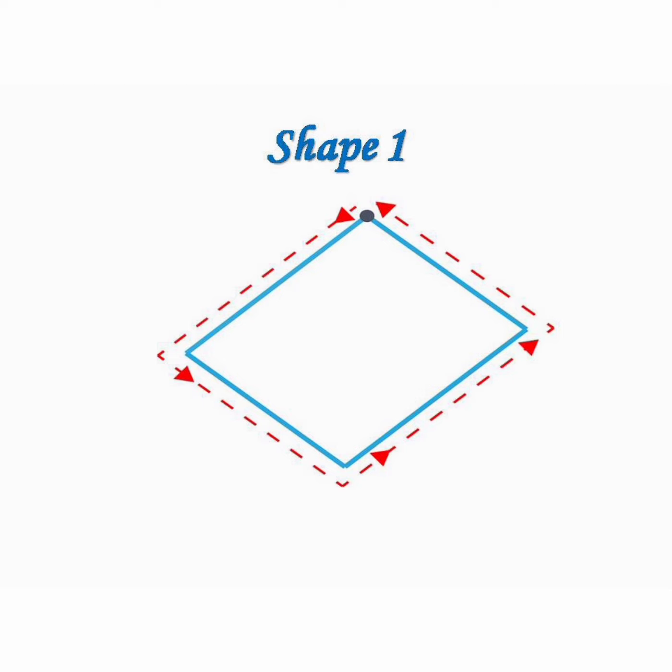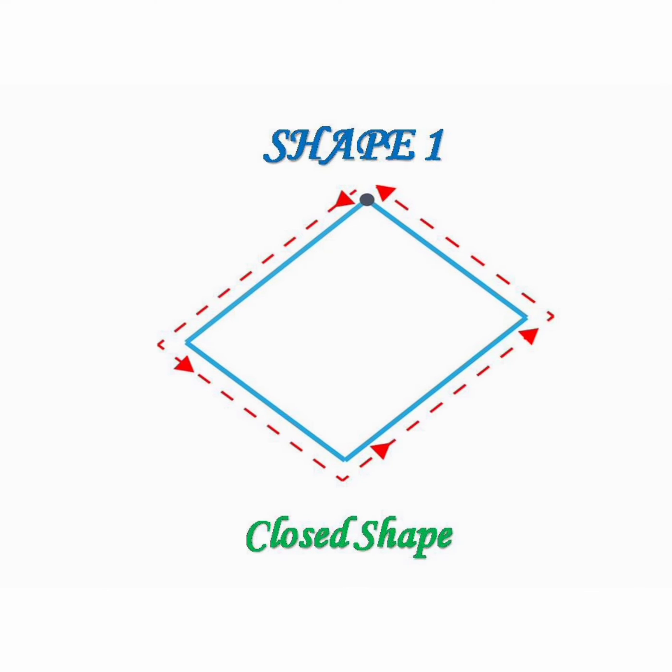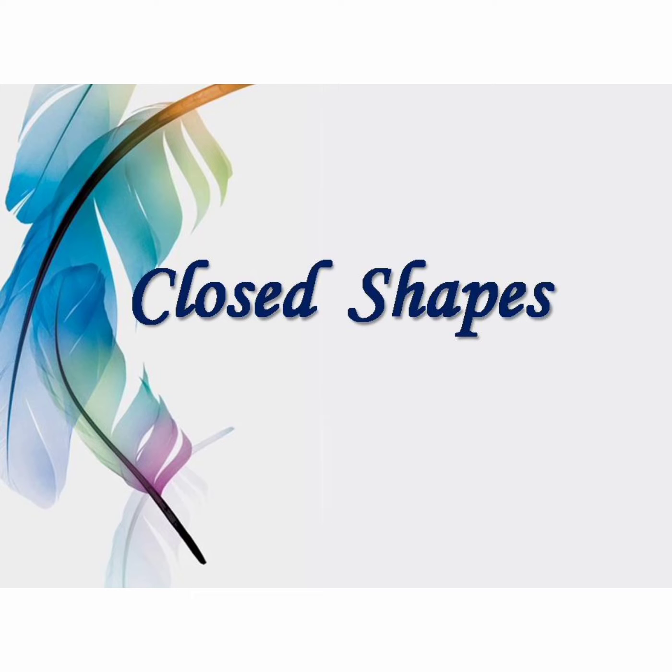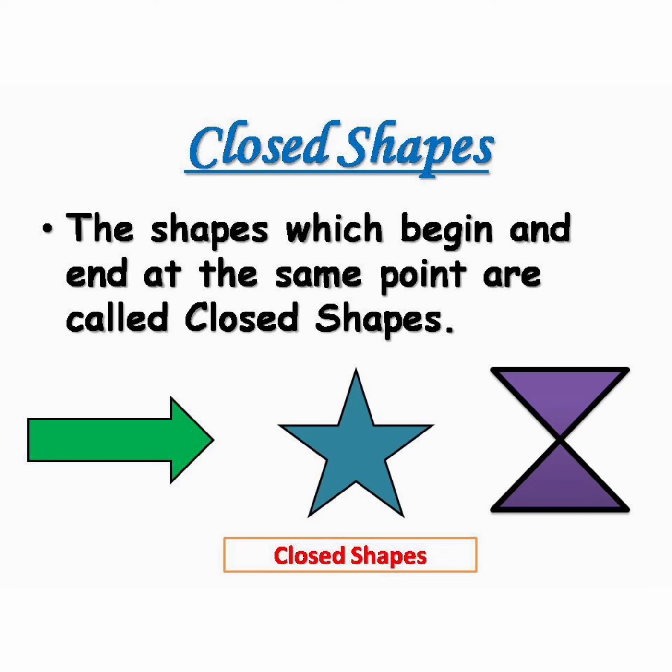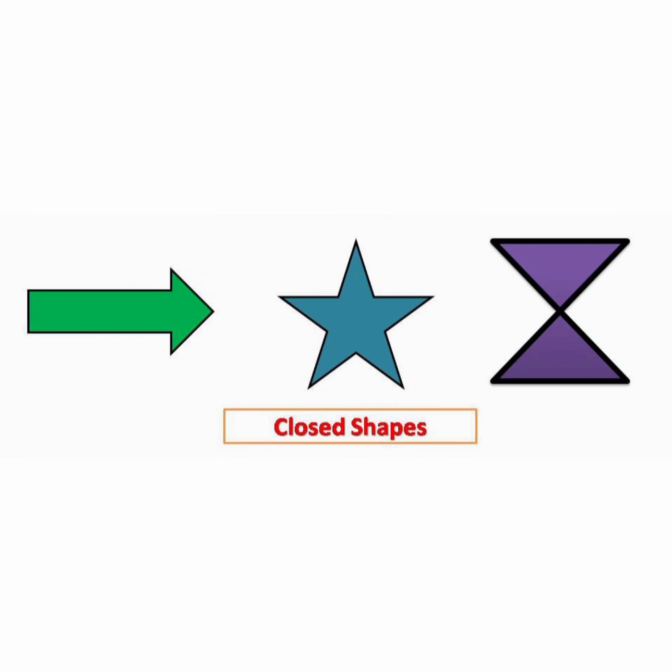At the end, you reach the same point that you started from. So, this is a closed shape. Shapes that start and end at the same point and have no open ends are called closed shapes. All the given shapes are closed shapes.